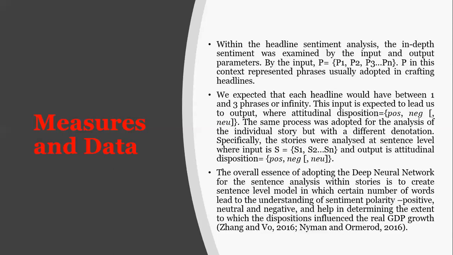That is, when you are writing headlines, do you have 1 word, 2 words, 3 words, or phrases there? So that is our input, and we want the output to be disposition. The input we are seeing here, P1, P2, P3, means that in this headline I discovered only 1 phrase, in this headline I discovered only 2 phrases.